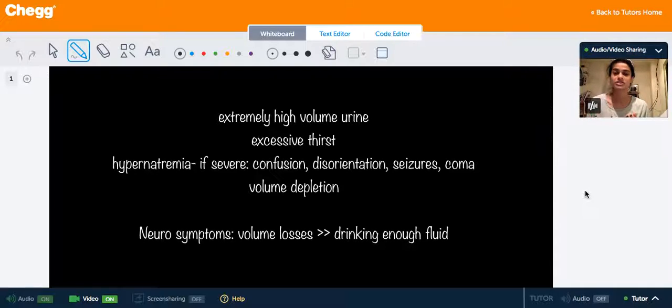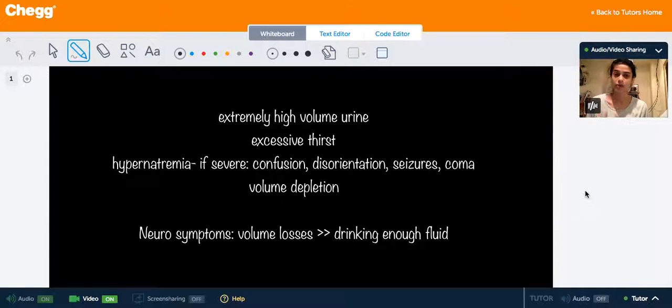The neurological symptoms are going to occur only if the volume losses are significantly more than the amount of fluid that the patient drinks. So if the patient is losing a high volume of bland dilute urine, but if he's also drinking enough fluid, then he might not have these neurological symptoms, assuming that he's drinking enough water.